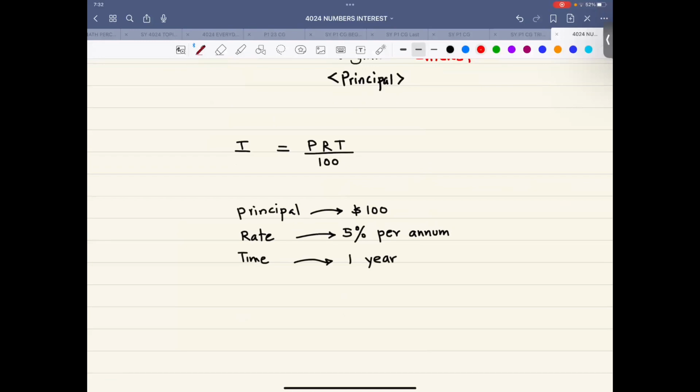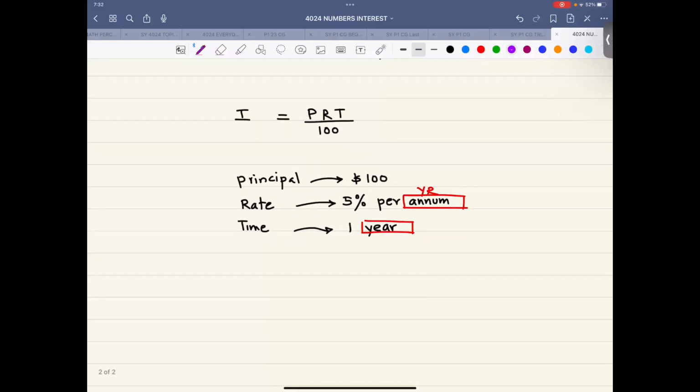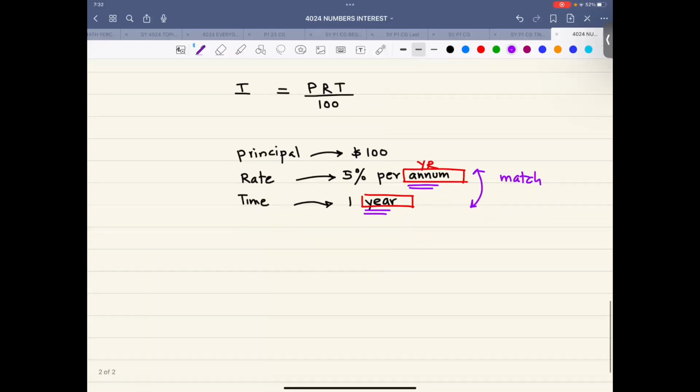Now focus on this. If it's per annum, per year, then the time period also has to be in the same quantity. It's necessary that these two quantities should match. If it's per year, it should be per year. If it's per month, it should be per month, and so on.